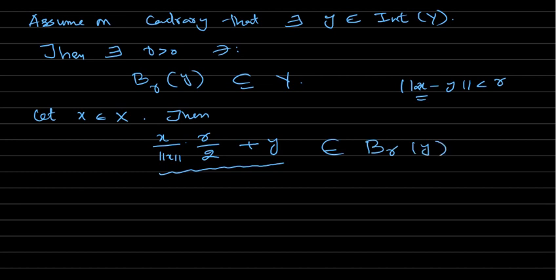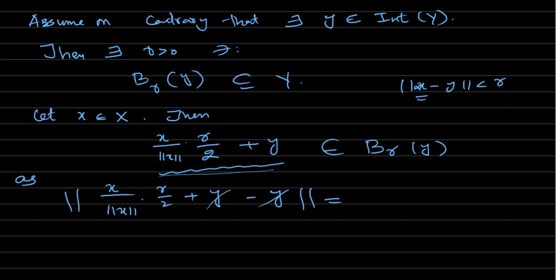This point will be in this ball. Why? As the distance of this point from y, you can see, is less than r. The point is x divided by norm x times r by 2 plus y. Its distance from y, that means minus y here: y and y will go, so this will be r by 2, which is less than r, right?